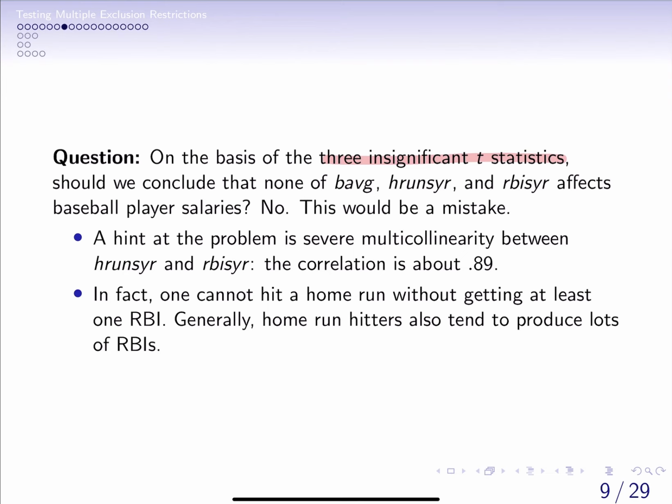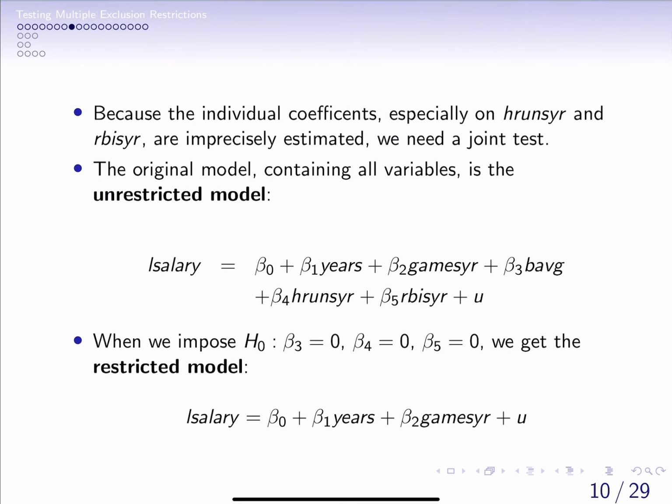So remember why we get this correlation to be high, and why we are even testing this correlation. In baseball, you can't hit a home run without getting at least one RBI. And typically, home run hitters also tend to produce a lot of RBIs, right? So it's almost intuitive that the correlation would be high. And that would sometimes make the t statistics insignificant.